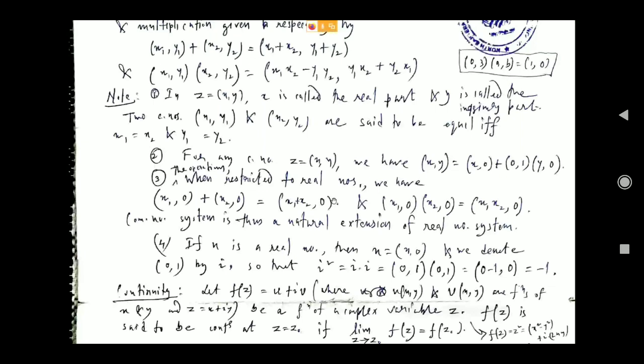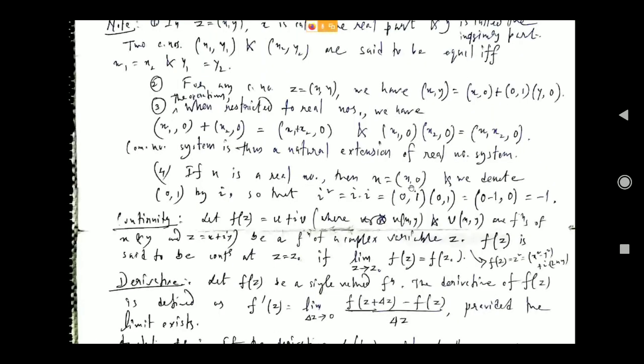So if x is a real number, then we can write x as x plus i0, or simply (x, 0). And we denote (0, 1). Every complex number can be written in this form, where there will always be a (0, 1).